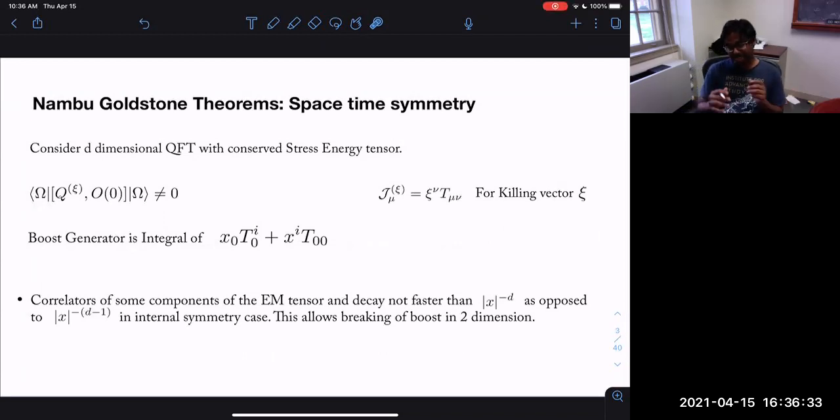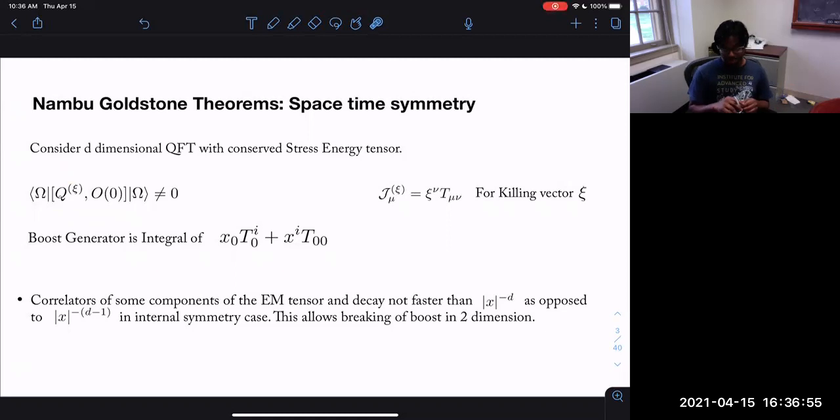And using the Killing vector of the space-time, we can construct the currents which are conserved. Now, again, when you say breaking, we basically take this charge and find an order parameter so that the commutator of these two quantities evaluated in some specially chosen state is non-zero.